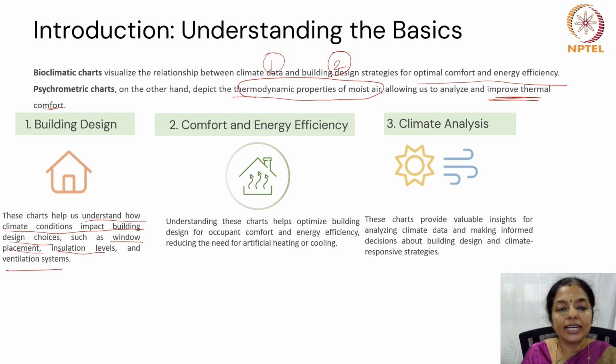Also, understanding these charts will help us to optimize building design for occupant comfort and energy efficiency, thus reducing the need for artificial lighting and cooling. These charts can provide us valuable insights for analyzing the climate data and making informed decisions about the building design and climate responsive strategies.